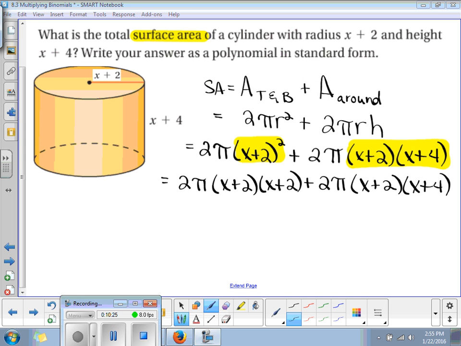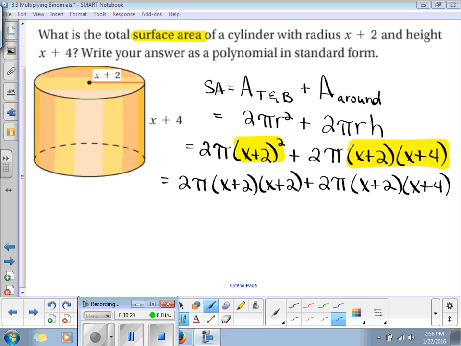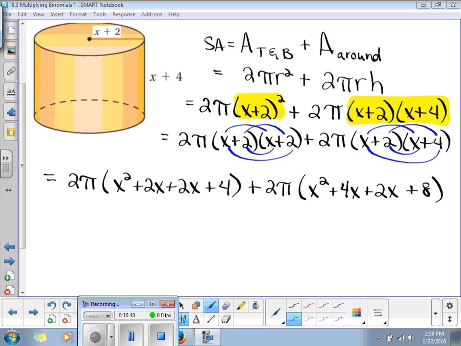And now we can multiply our binomials. So we have first, outer, inner, last. And now we can perform our FOIL method. So here is what we have after our FOIL method.